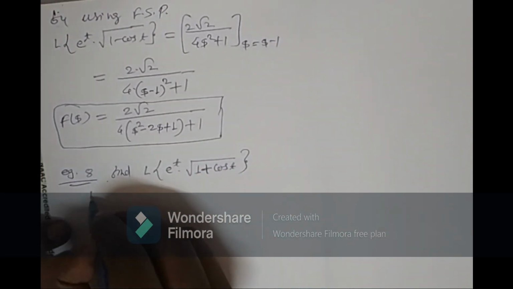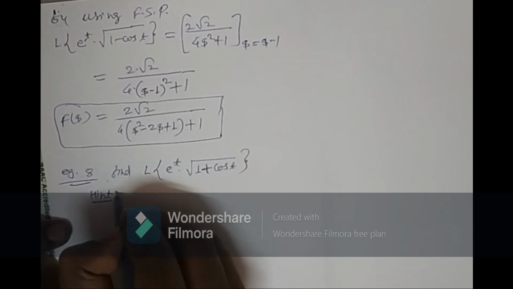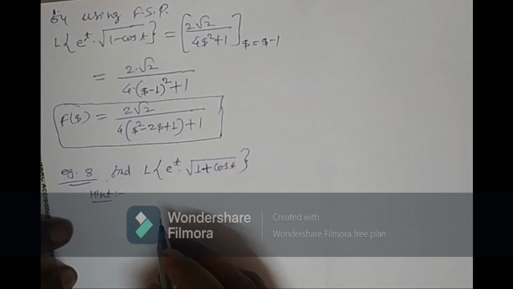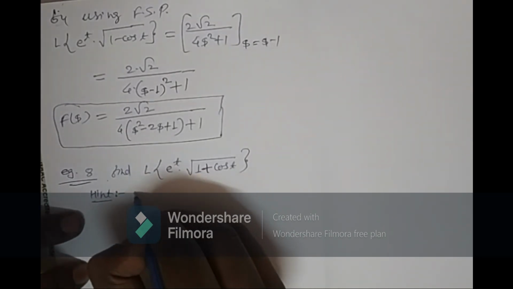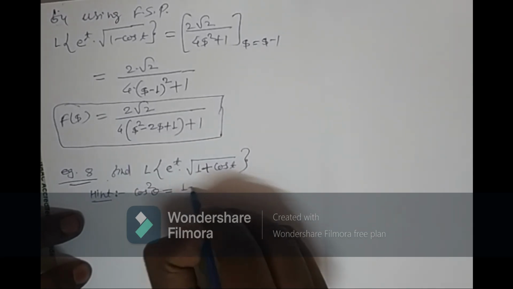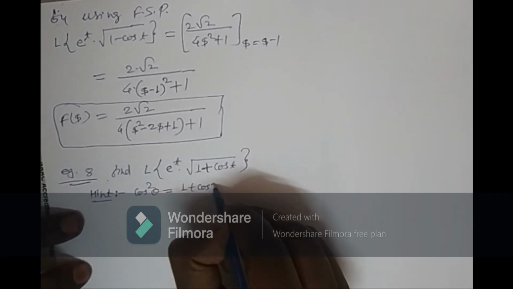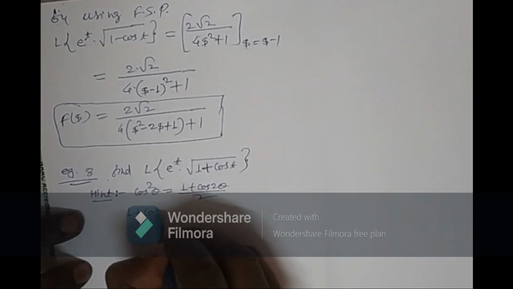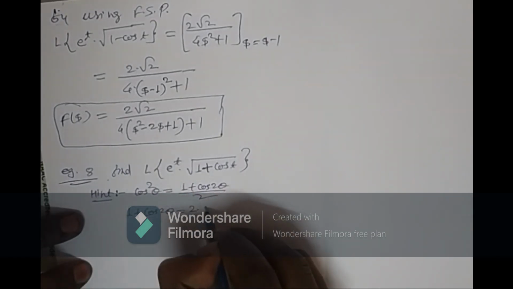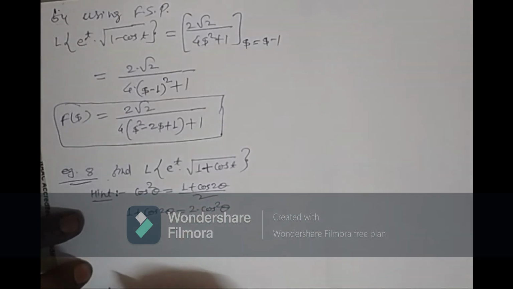I will give just a hint, and after that I will solve another example, because you can solve this one yourself. The hint is, we know that cos square theta is equal to 1 plus cos of 2 theta divided by 2. If you rearrange this, 1 plus cos 2 theta is equal to 2 cos square theta, isn't it?